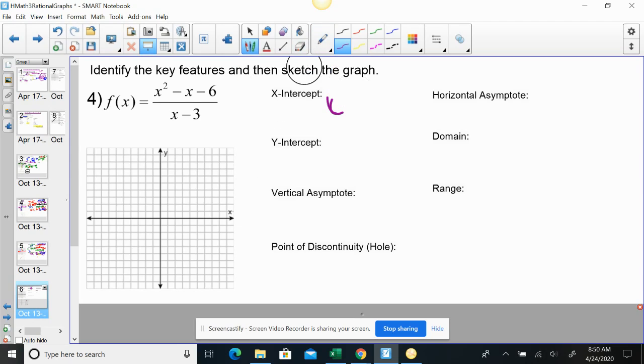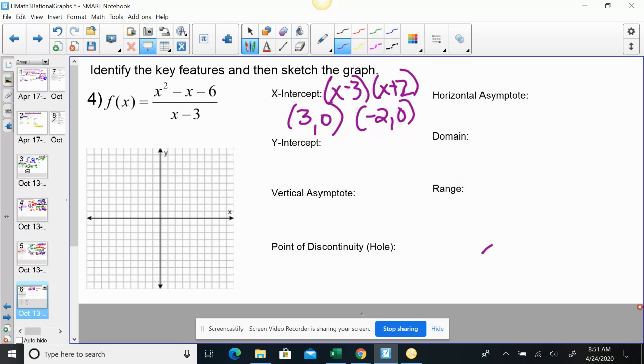I'm very, very sorry. So I have my factors: x minus 3 and x plus 2. That means (3, 0) and (-2, 0) are potential x-intercepts.